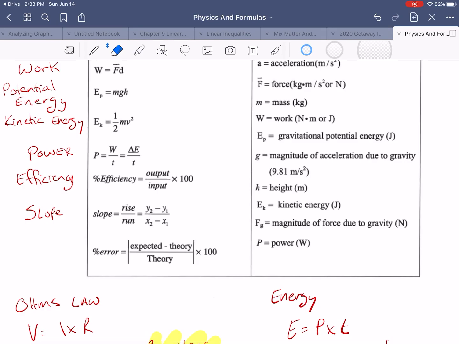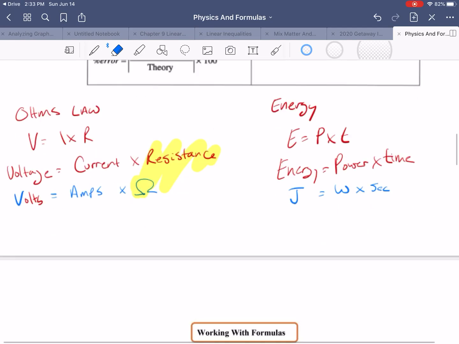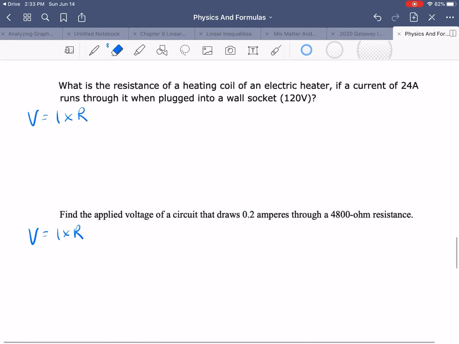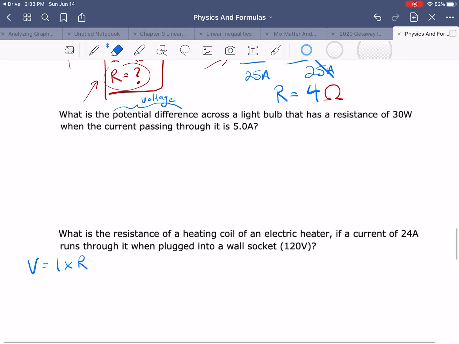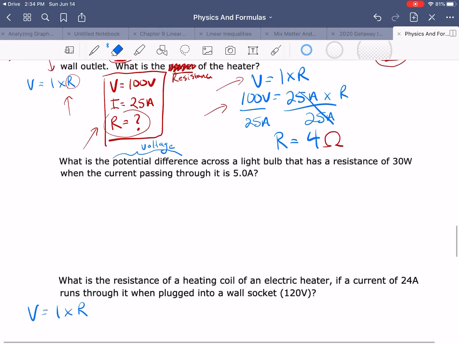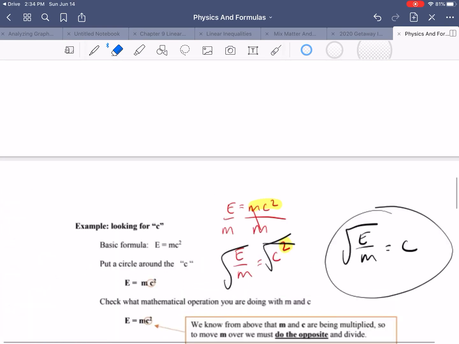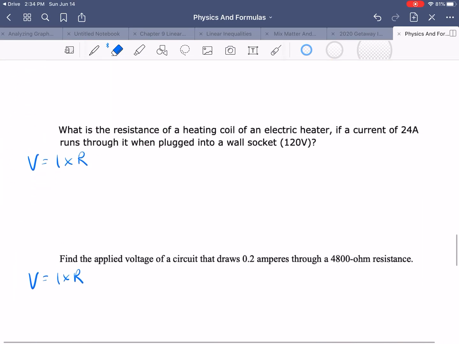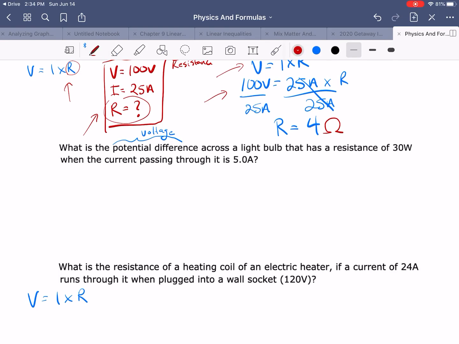Let me just check if I have it in my notes. Watts and amps, see if I have one that has watts and amps. Oh yeah, power equals I times V. Okay, cool. So there's a new formula here. Sorry, so let me write that for you.